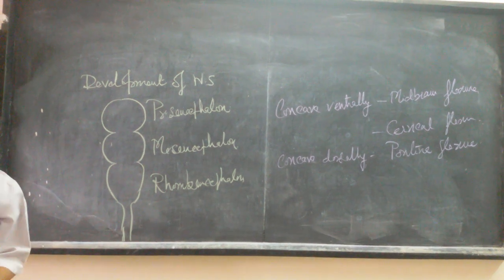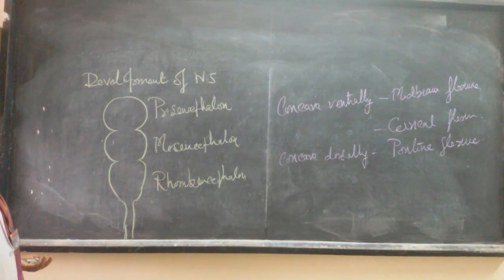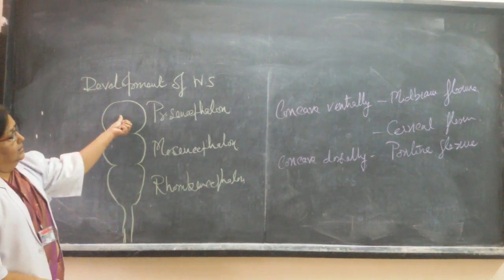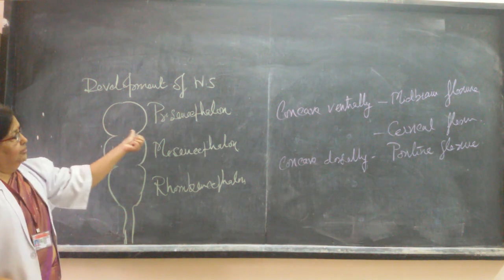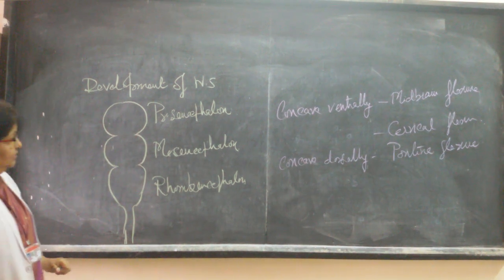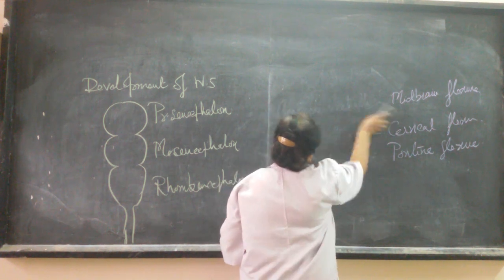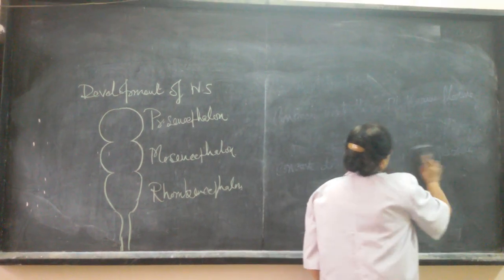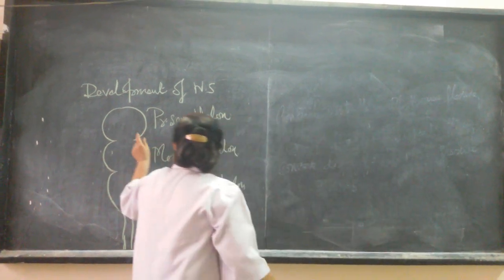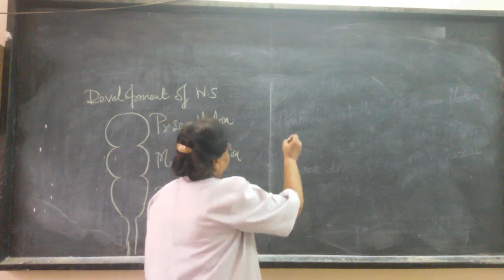Now, after the appearance of the flexures or the bends in the neural tube, it divides transversely. The prosencephalon divides into two parts.